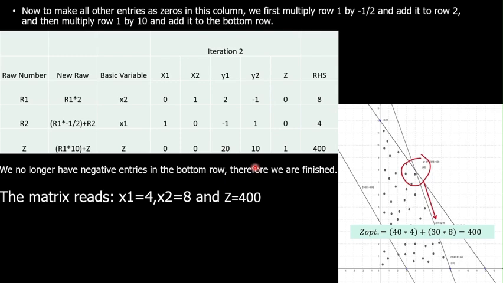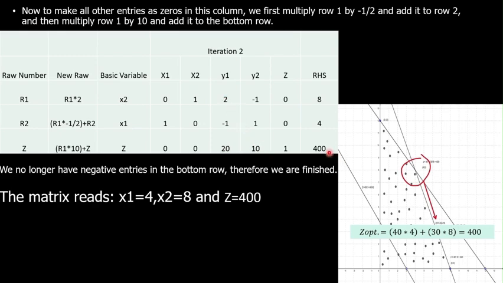If we return the values here to the right hand side, it would read Z equals 400 minus 10 y2 minus 20 y1. Since y1 and y2 are not in the basic variable set, their values are 0.